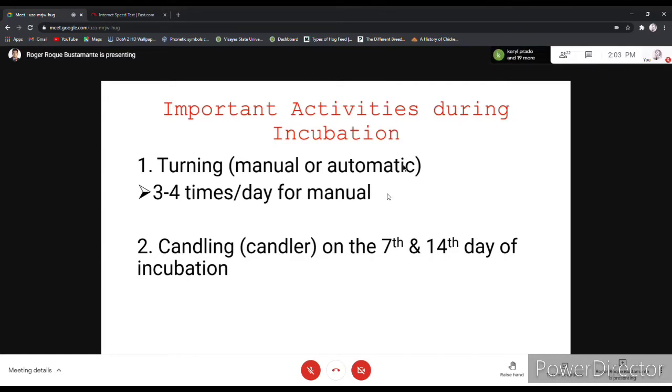So out of 93, minus 10, you have 83 eggs that you expect to hatch.